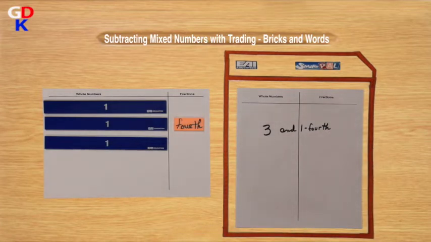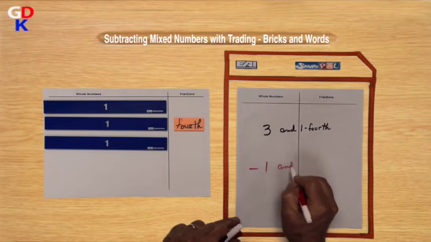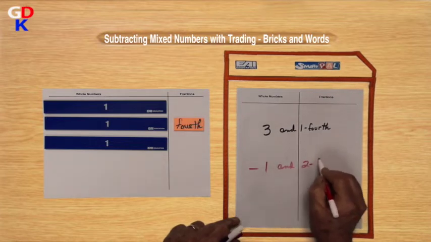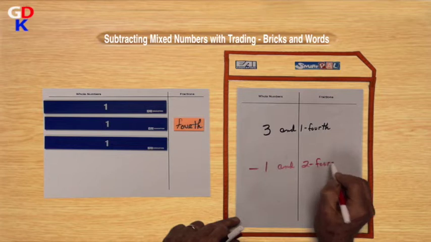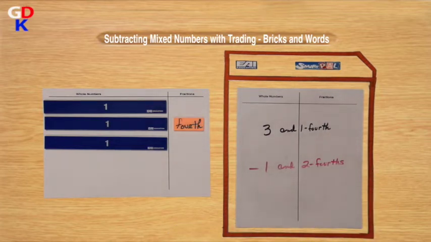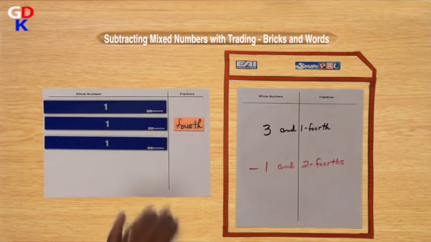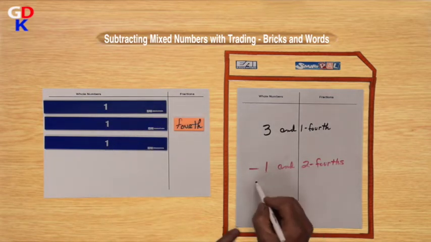Now from 3 and 1/4, we want to subtract 1 and 2/4. So let's record that. So we want to subtract 1 and 2/4. Now remember that the 1 and 2/4 is not a quantity someplace else. It's somewhere in our 3 and 1/4. So let's do the subtraction.